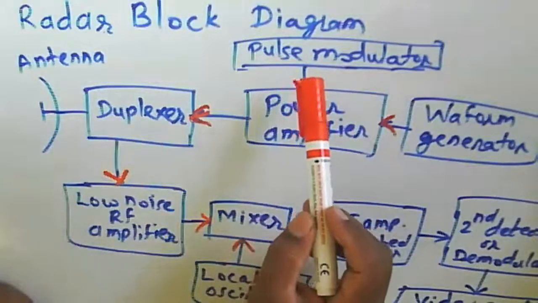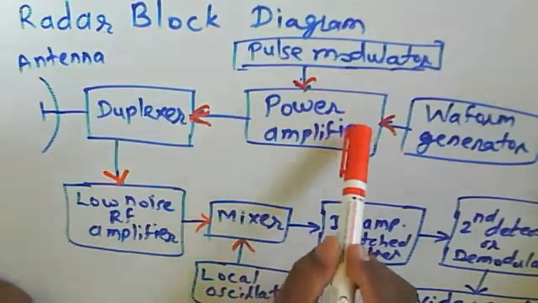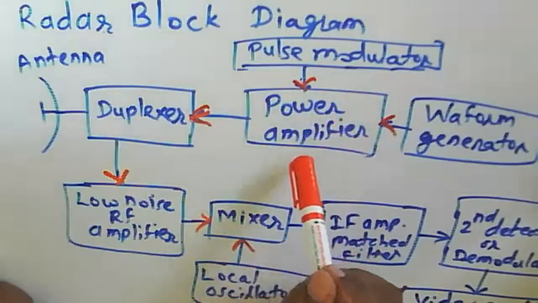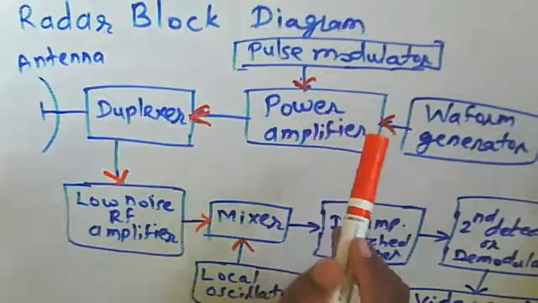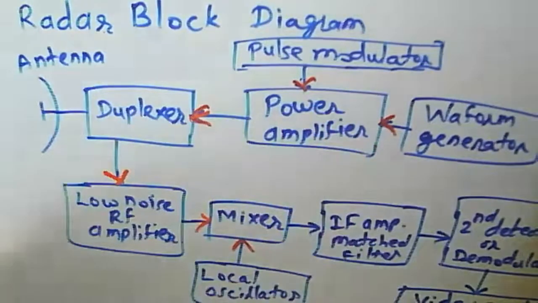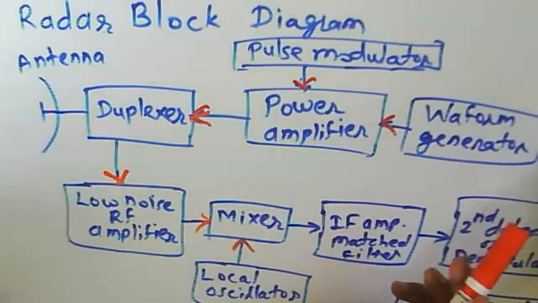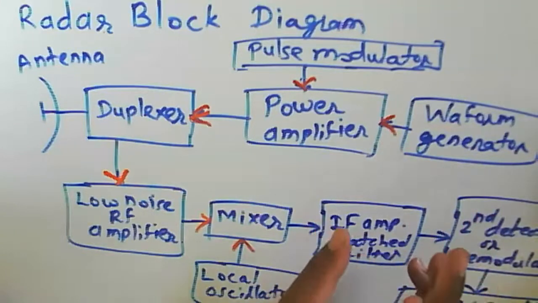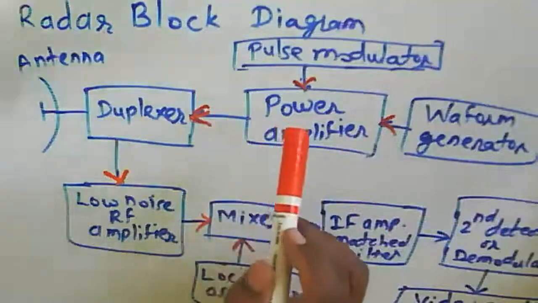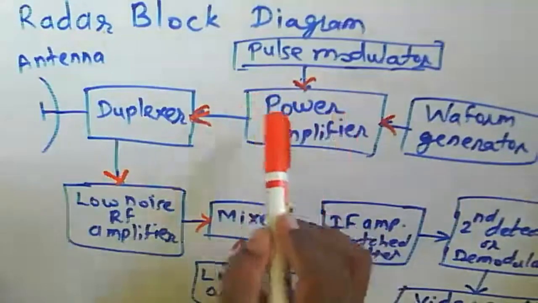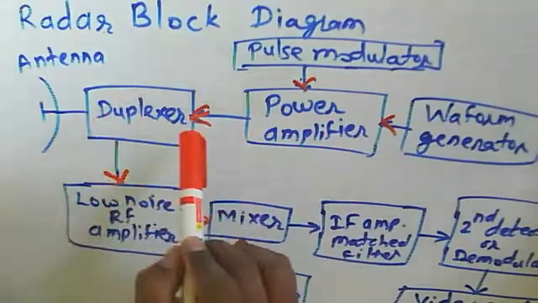It generates pulses, then it is to be amplified here. So that's why we are supposed to use a power amplifier there. And before amplifying those signals, we use a waveform generator. Likewise, the signal is generated, then it is pulse modulated, and then the pulse is amplified and transmitted.